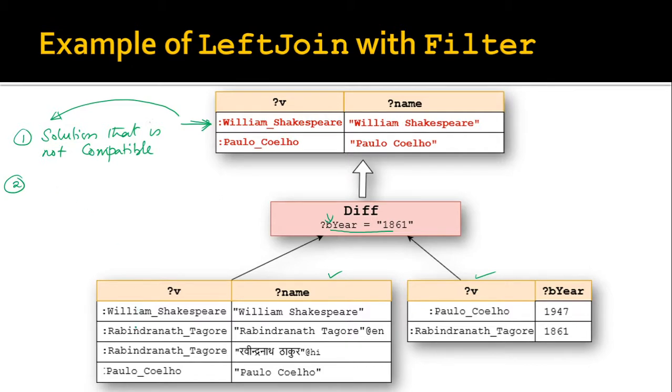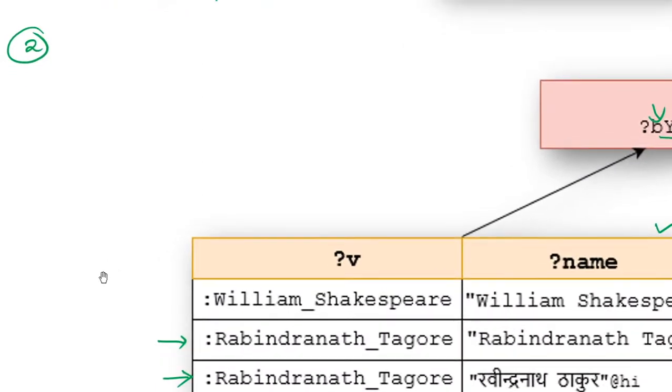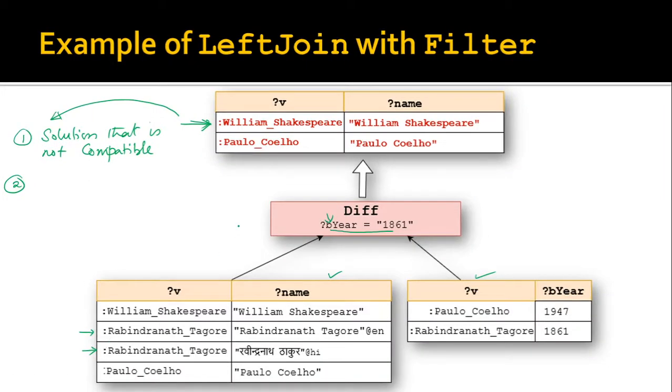Even though a solution is compatible, so which solutions are compatible? This solution is compatible, this solution is compatible, and this solution is also compatible, right? But you see that Rabindranath Tagore has not appeared in this output, the result of evaluating D.